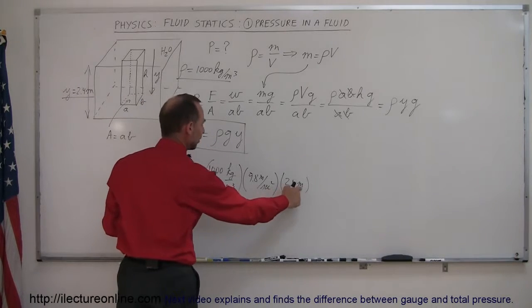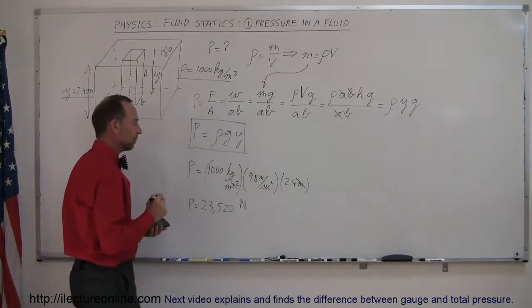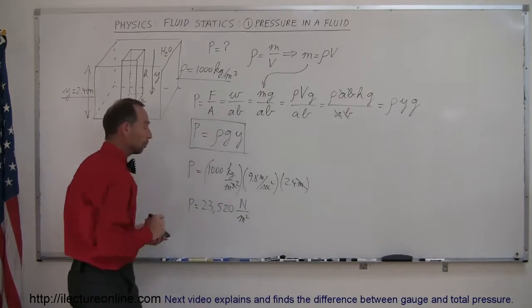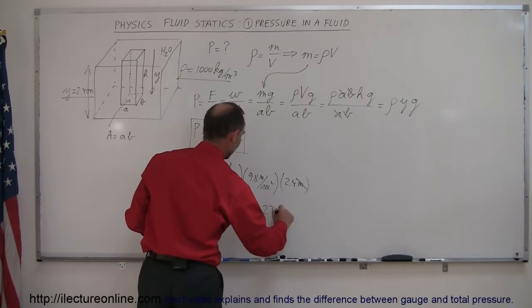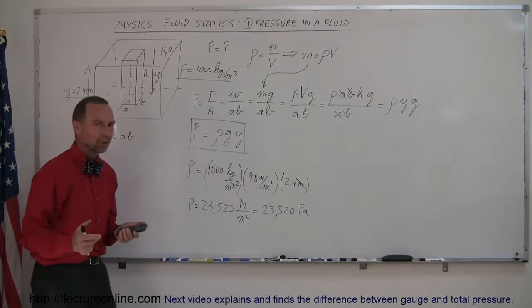And then we still have a meter and a meter cubed here, so this meter cancels out one of those. Now we have per meter squared. So the units then become newtons per meter squared, and we have a new unit for that. That is equal to 23,520 pascals.